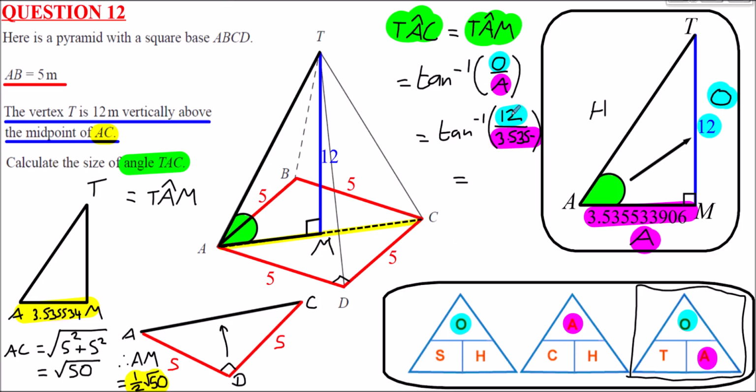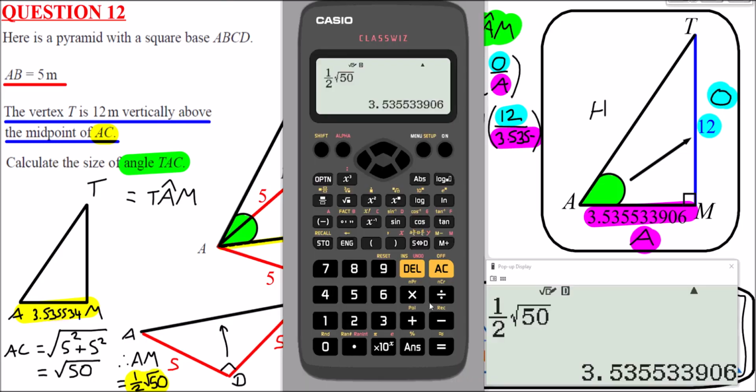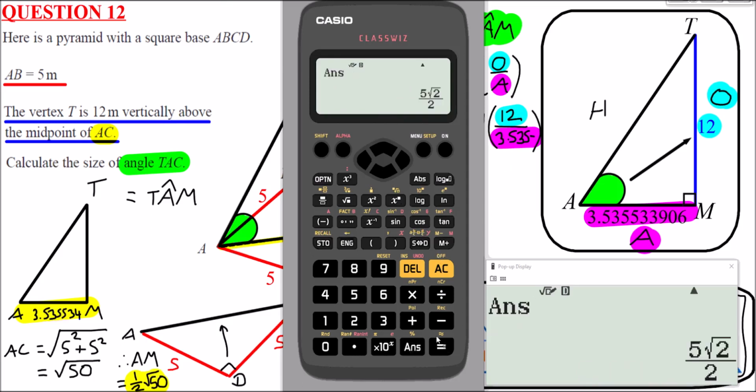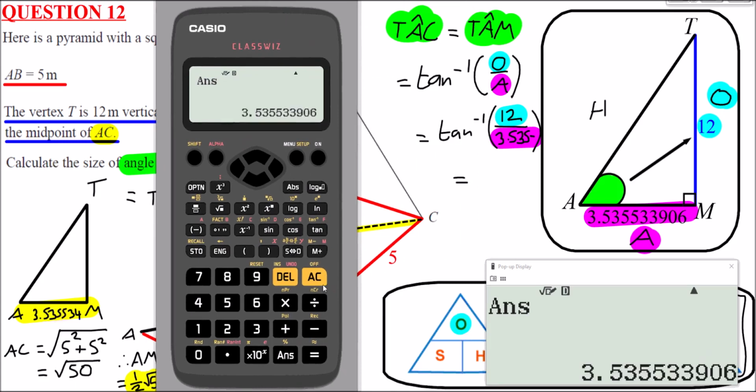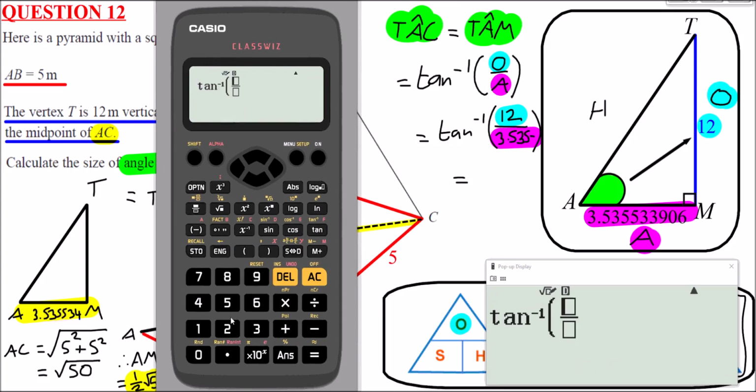Now, this has been stored in our calculator. So look, we've got 3.53 stored. If we press answer, it's stored for us. So we just now need to do shift tan to get tan -1, 12 over the answer which has been stored, close brackets, press equals, and here we'll have our golden answer.